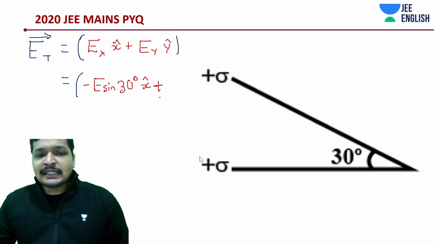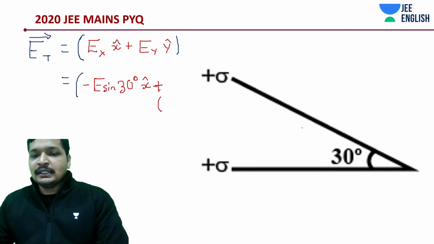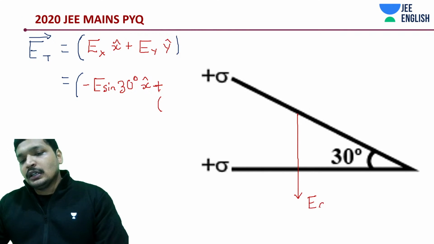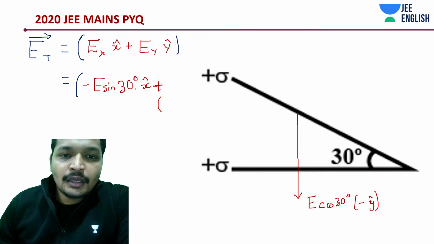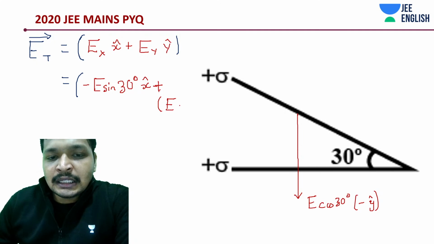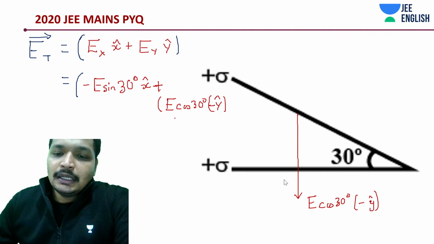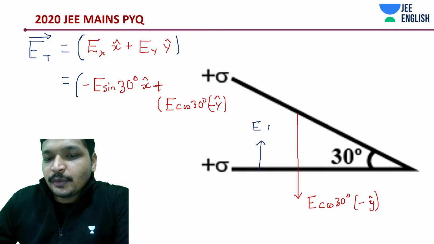Now coming to the next part, due to this plate tilted at 30 degrees in this direction, what was the field? It was E cos of 30 degrees in the negative y direction. Plus, in this direction we had just an E, that was positive y.